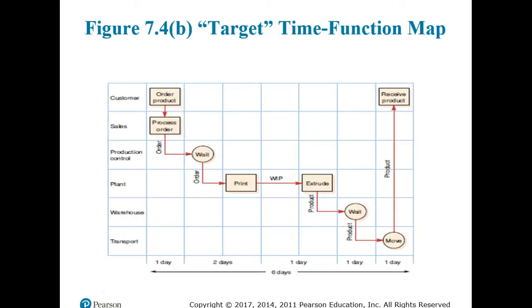And in this example, substantial reduction in waiting time and process improvement in order processing contributed to a savings of 46 days in the end.